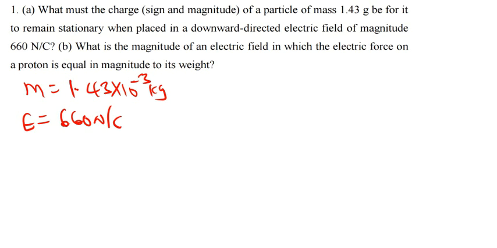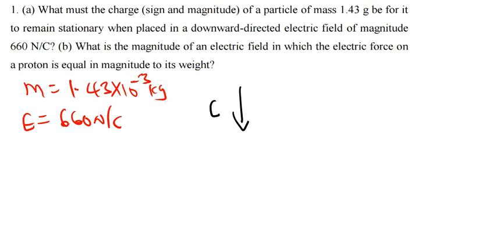Now the question is saying, what must the charge of a particle of 1.43 grams be for it to remain stationary when placed in a downward direction electric field? Now the electric field is going in the downward direction.